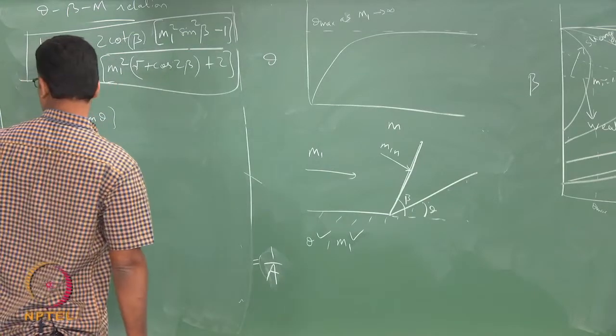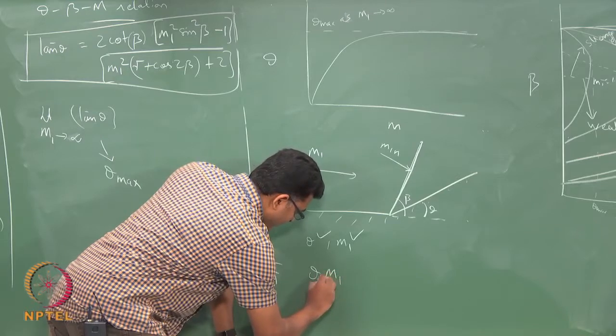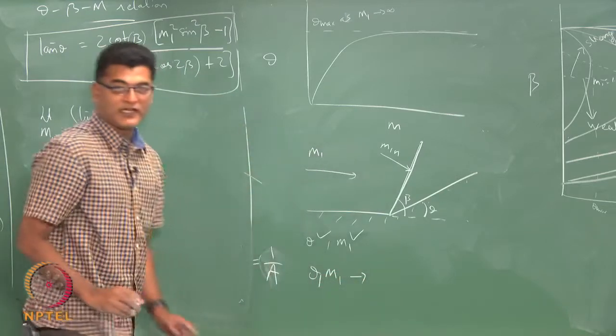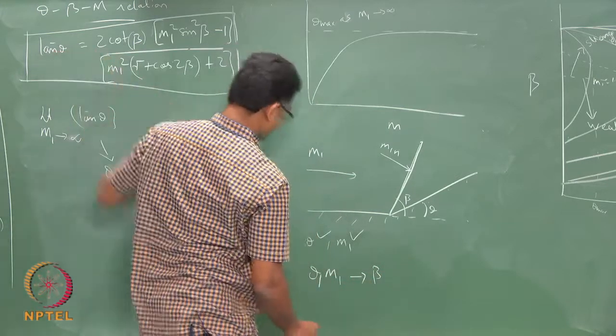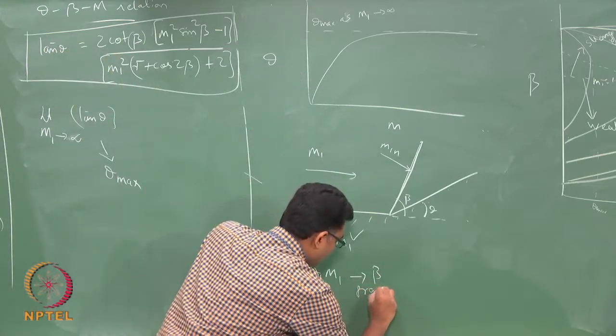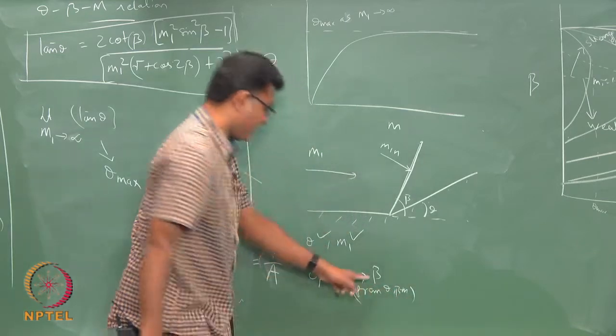So, from this relation, theta and M1 I know, from which I can find beta from the theta-beta-M relation.